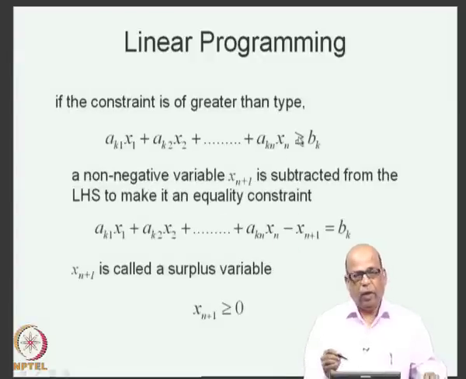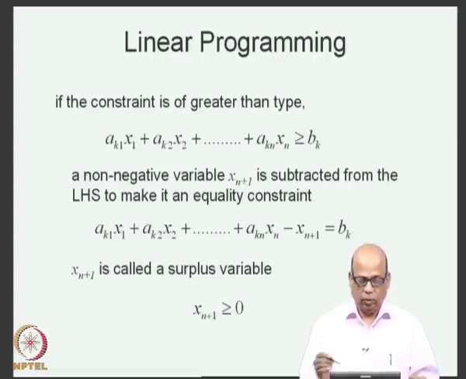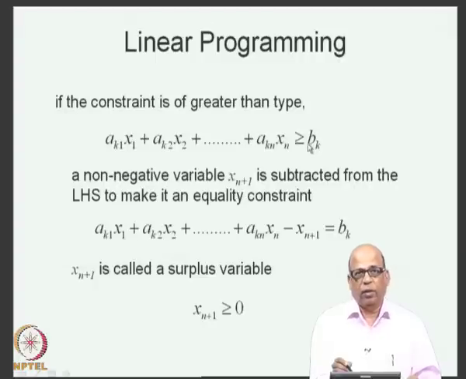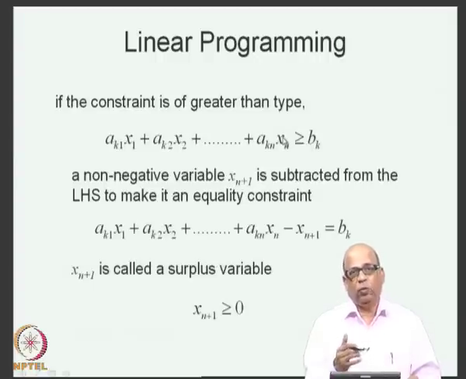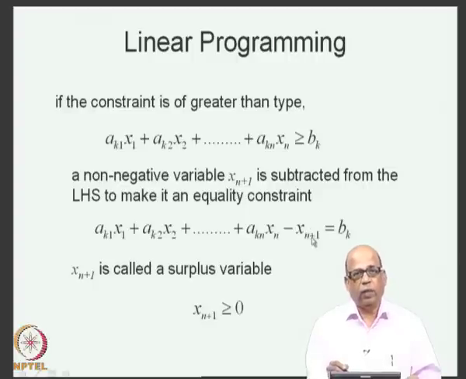Let us say you have a greater than or equal to constraint instead of the less than or equal to constraint, which means what? The left hand side is more than the right hand side and you want to make it equal, and therefore, you should deduct some value from that, and therefore, you subtract a non-negative variable from that.